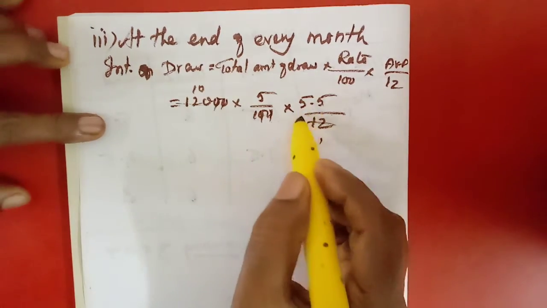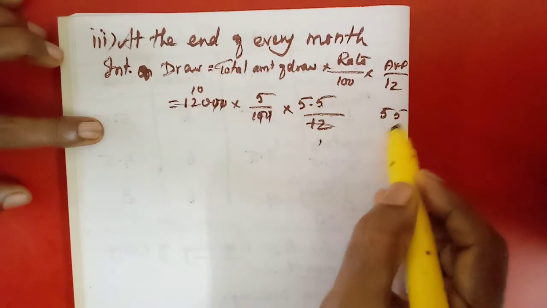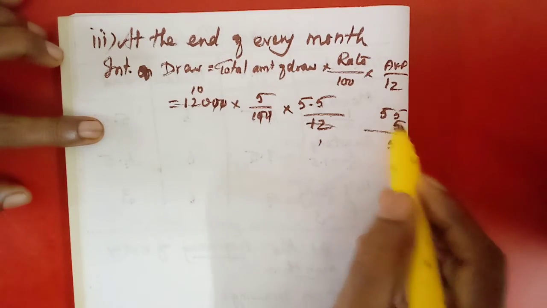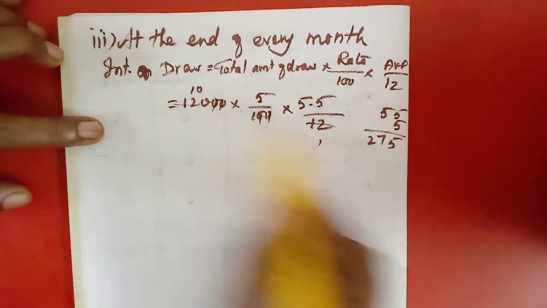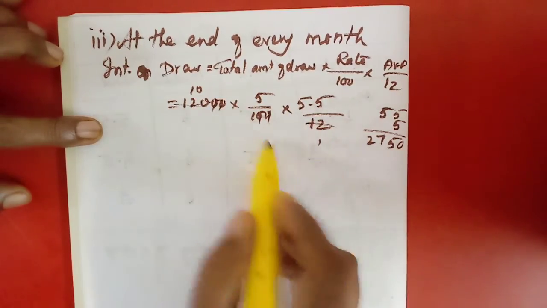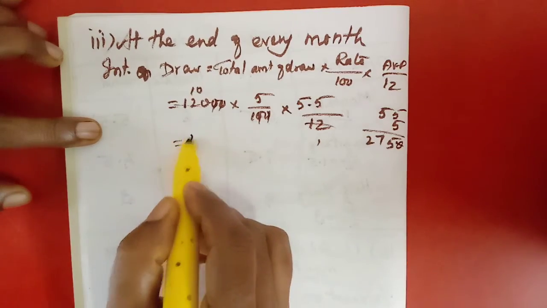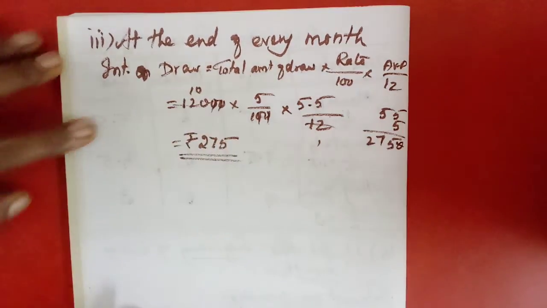Now here 55 into 5. 5 5s are 25, balance 2, 5 5s are 25 plus 2, 27. Okay, then 10, we need to add 0. Then 1 point, so you keep the point. So what is the rupees? 275. Understood, students?